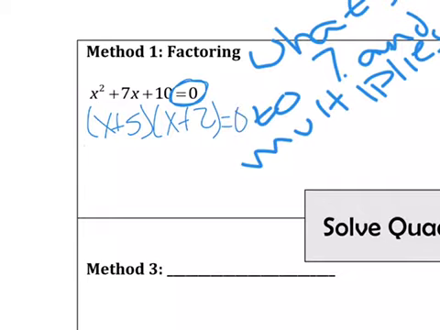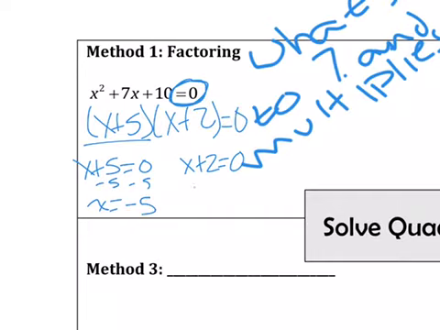So x plus 5 equals 0, and so does x plus 2. If I were to give you these two different problems, I think you'd be able to tell me that I'm just going to subtract 5 here and get x equals negative 5, or subtract 2 here and get x equals negative 2. For what we're doing today, that right there is our final answer.